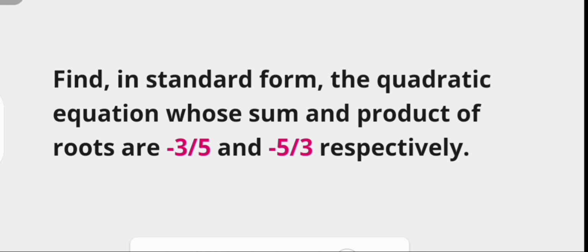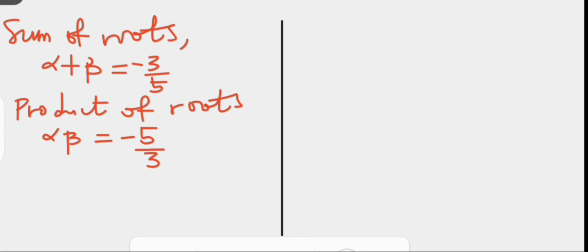Application 3. Find in standard form the quadratic equation whose sum of roots is minus 3 over 5 and the product of the roots is minus 5 over 3. Here the sum of the roots is minus 3 over 5, while the product is minus 5 over 3.